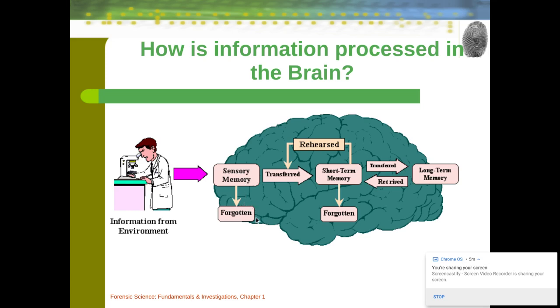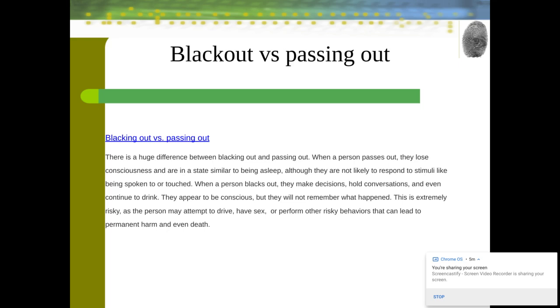If you get above a certain limit, the alcohol will pass the blood brain barrier and start interrupting this process. If you've ever heard people talk about blackouts or passing out, a blackout is different than passing out.